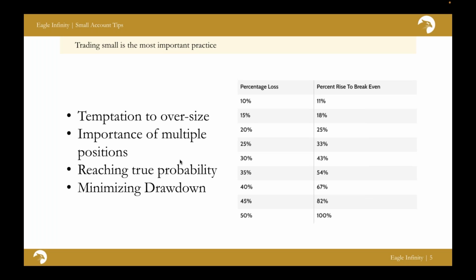The other thing I didn't touch on was reaching true probability. Basically, if you flip a coin, 50-50 chance of heads or tails, zero expectancy, meaning in aggregate, if you made $1 on heads and lost $1 on tails, you'd be flat, break even over 10,000 coin flips. But it's foreseeable that you could be down like $3 pretty easily.